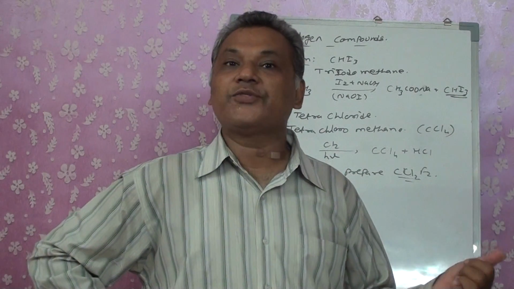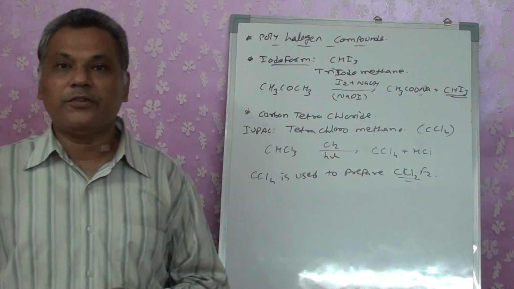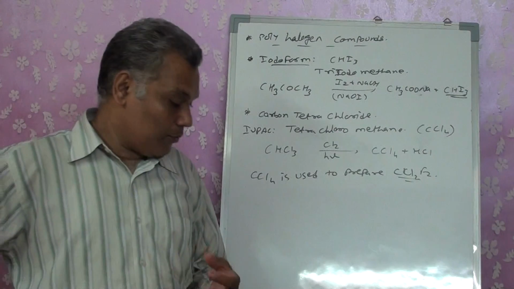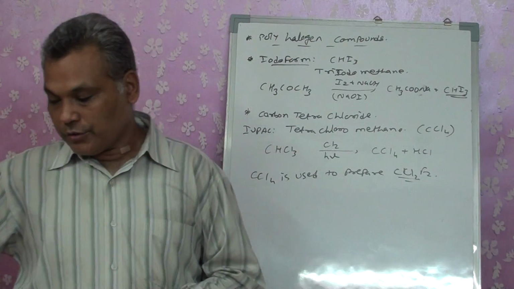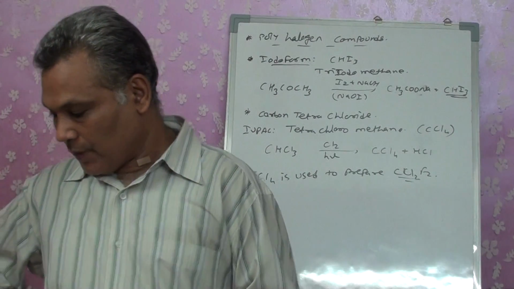But it's a very restricted use because its exposure can lead to liver cancer, right. Additionally, it was also used as a fire extinguisher in those days, but exposure to a larger amount can cause problems to human life, so nowadays it is not used, right.